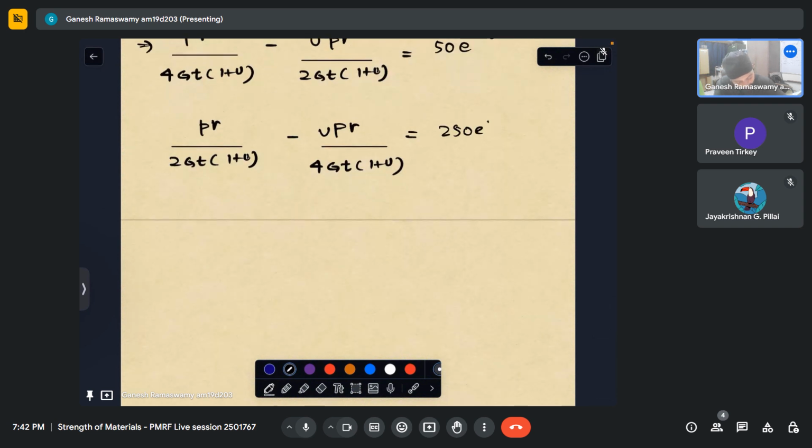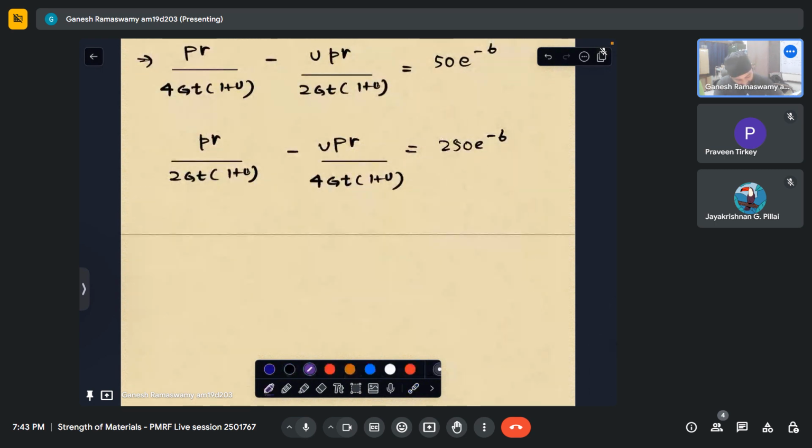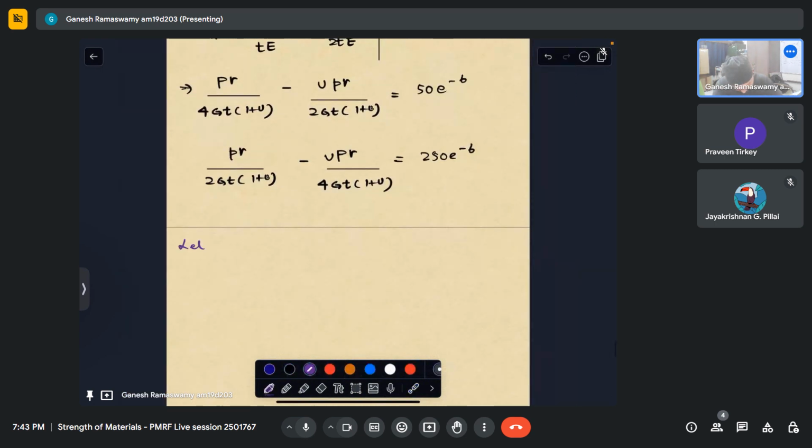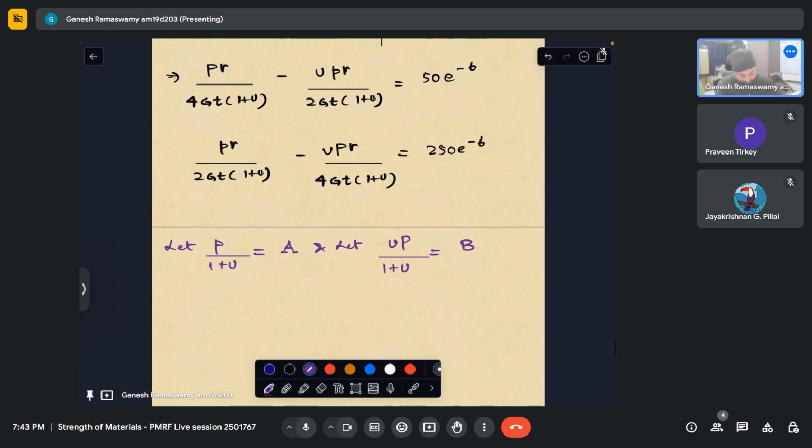Now we can see there is a problem here, that these things are coupled. It cannot straight away sit into a linear equation unless we club certain things. So therefore, let us club certain things. Let P by 1 plus mu be defined as some A, and let mu P by 1 plus mu be defined as B. So I will just recast this matrix equation with these relations.